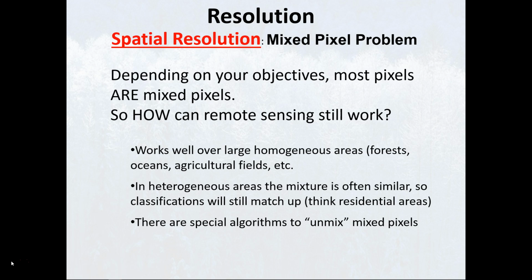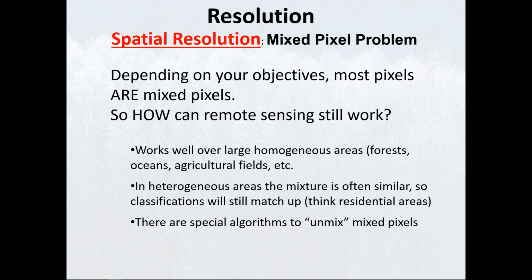So how can we still complete remote sensing objectives given this issue? Well, remote sensing is still particularly adept at classifying large homogeneous areas, or areas where your spectral signatures are very similar, such as focusing solely on forests or solely on oceans, agricultural fields, etc. And even in heterogeneous areas, the mixture can often be similar.